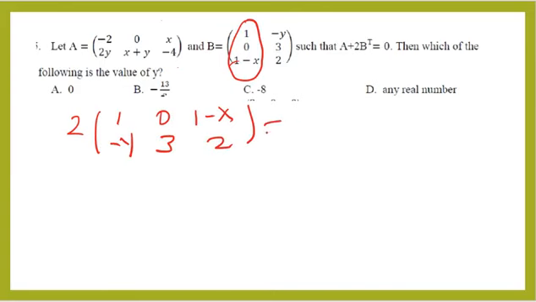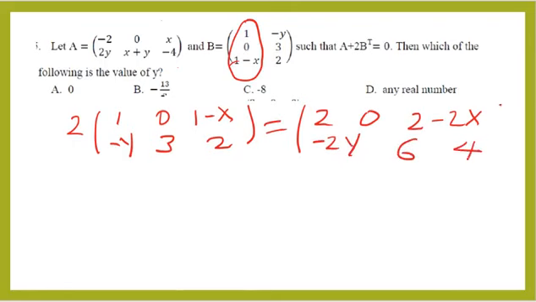Then when we multiply by 2, it's going to be 2, 0, 2 minus 2x, and then negative 2y, 6, and again 4. We multiply each entry by 2 because the number 2 is a constant here, as you see, because it is 2 times B transpose. First we transpose B and we multiply by 2.